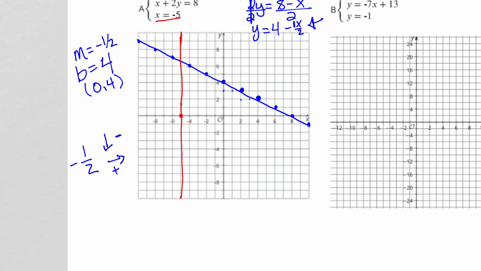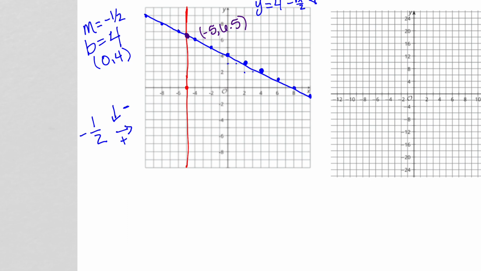It is a vertical line. So where do my two graphs intersect? At about what coordinate? They intersect at negative 5, 6.5. Okay, so that is going to be our solution for the system.